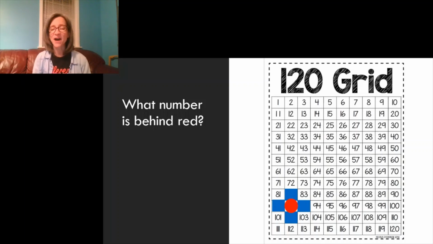Okay, this time I'm really going to try and trick you because I'm hiding a bunch of numbers, but I only want to know what number is behind red. Did you say 92? 92 was behind red. Now, if you figured it out, how did you get 92?